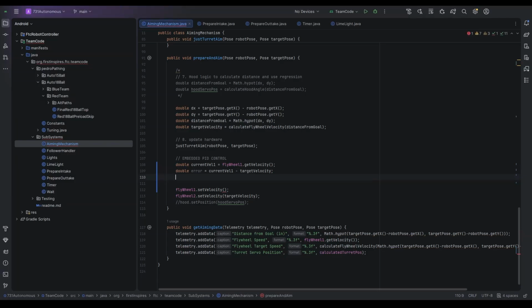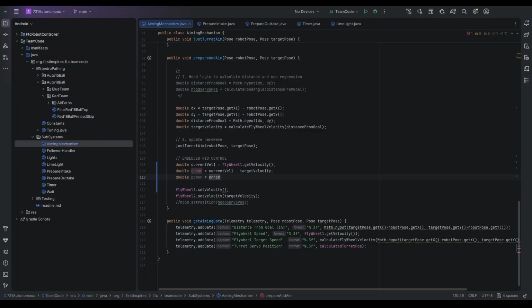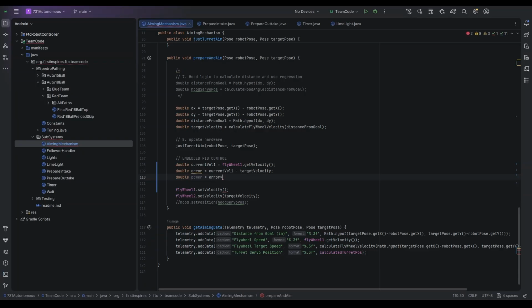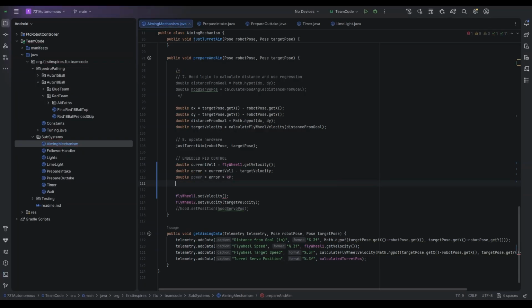And so we also need double power. You can name it whatever you want. Equals error times my KP. And then we just have power equals Math.max of negative 1.0, Math.min of 1.0, power, and this is just your power.